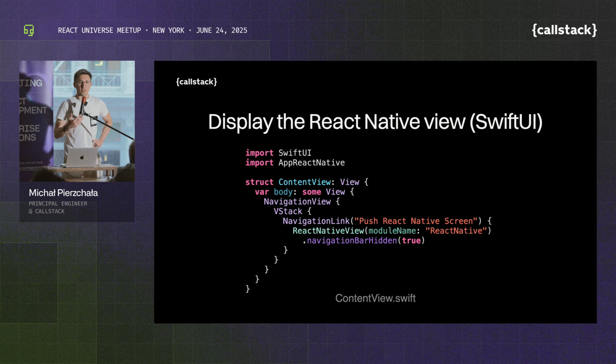I don't think there's much possibility to make it simpler. It's like importing your app React Native framework and declaring your view. That's basically it. And before doing that, let's initialize React Native.